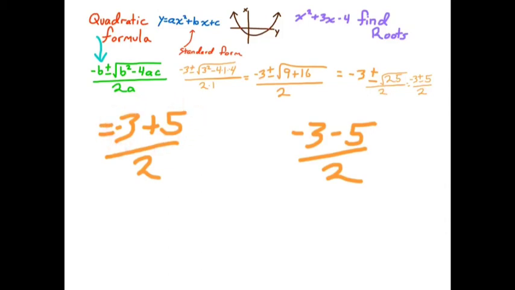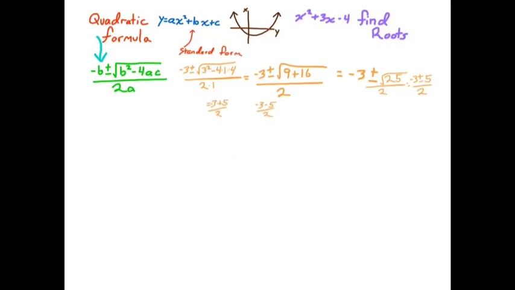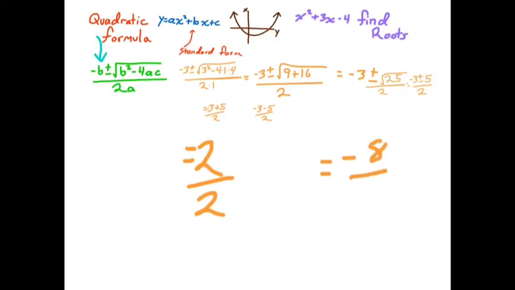On the first side, negative 3 plus 5 is a 2, so we've got 2 divided by 2. On the second side, we had negative 3 minus 5 is negative 8. So you have negative 8 divided by 2.